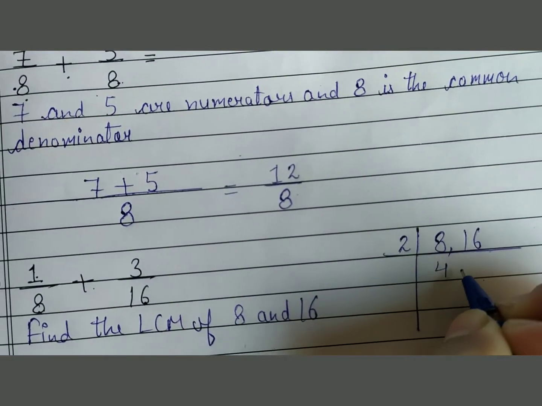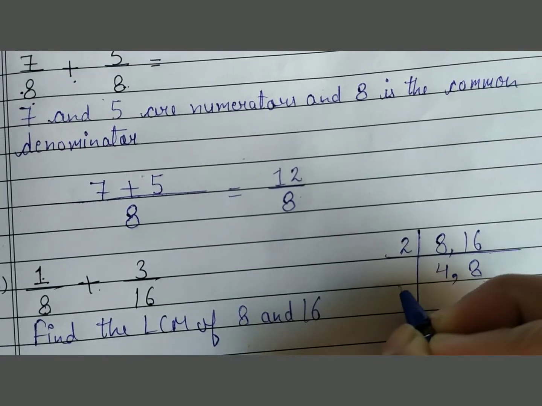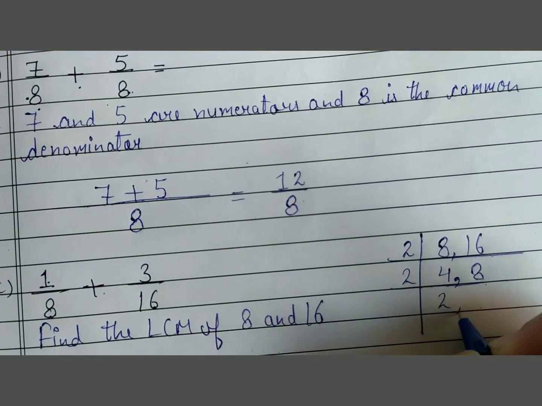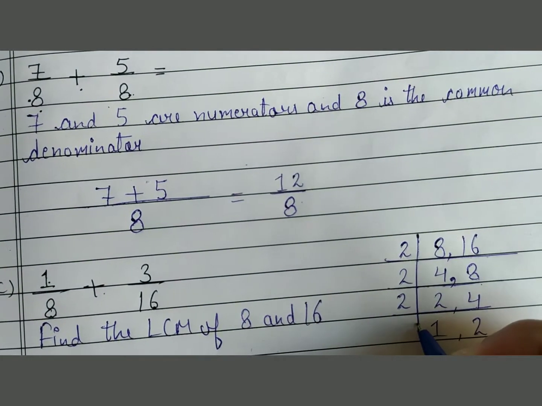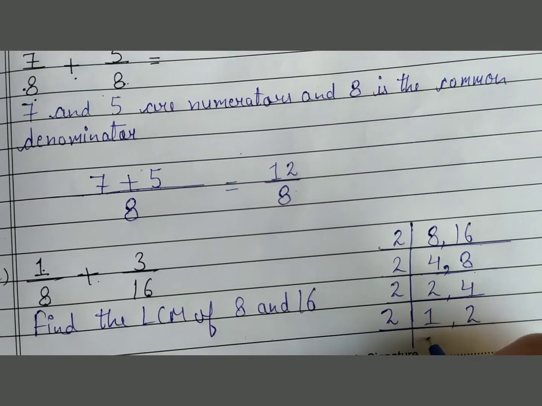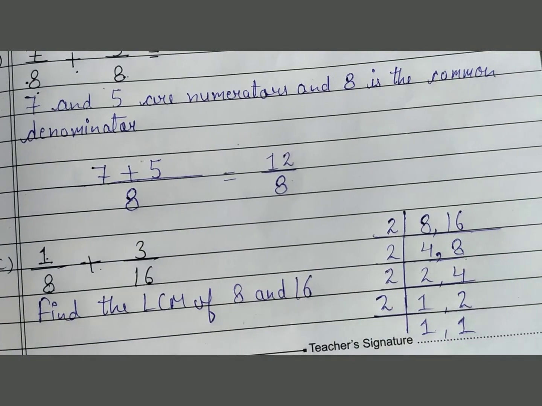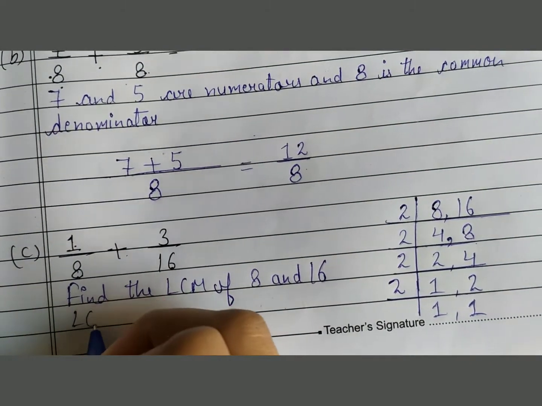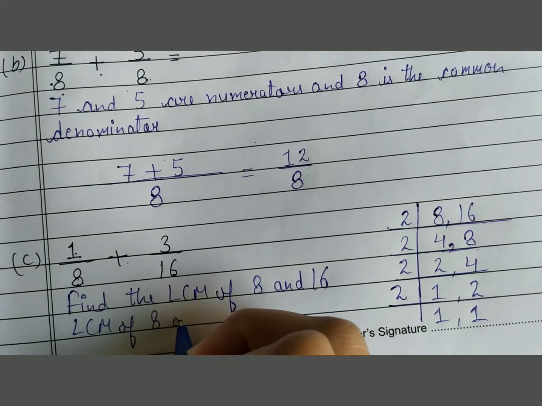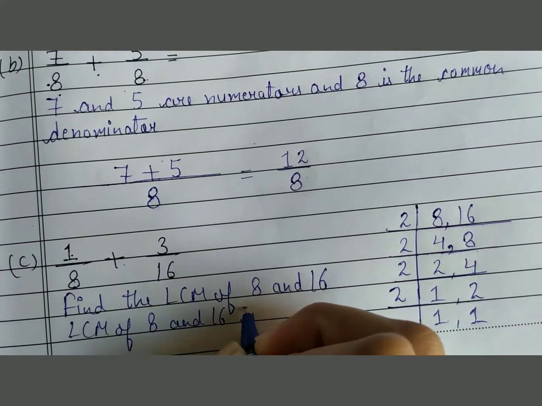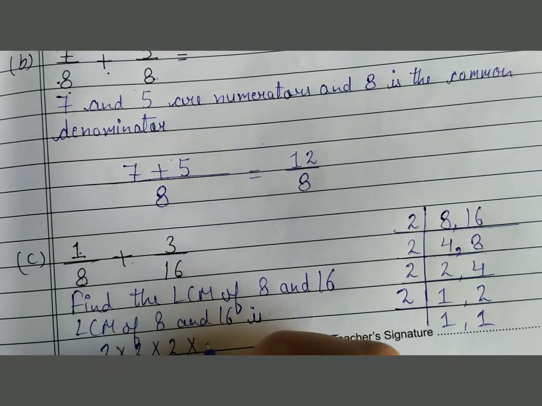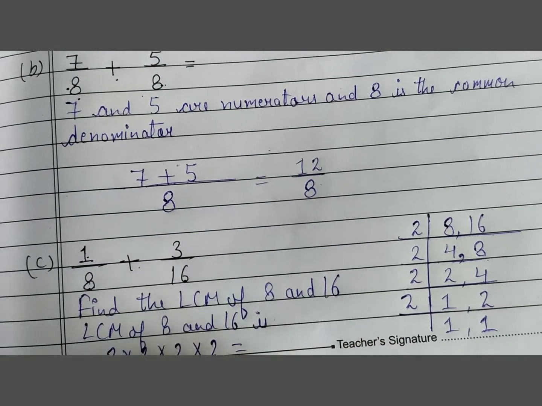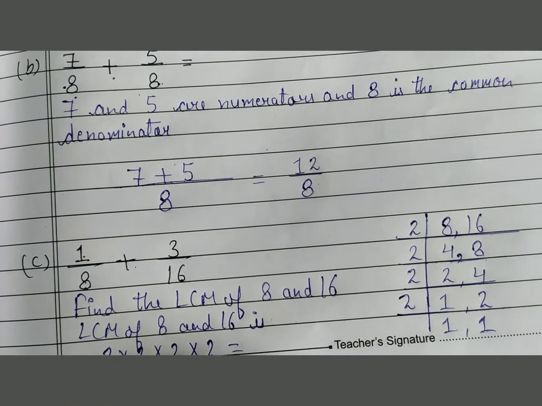Two 4s are 8, 2 8s are 16, 2 2s are 4, 2 4s are 8, 2 1s are 2, 2 2s are 4, again 2, 2 1s are 2, and write 1. LCM of 8 and 16 is 2 multiply 2 multiply 2 multiply 2. 2 2s are 4, 4 2s are 8, 8 2s are 16.